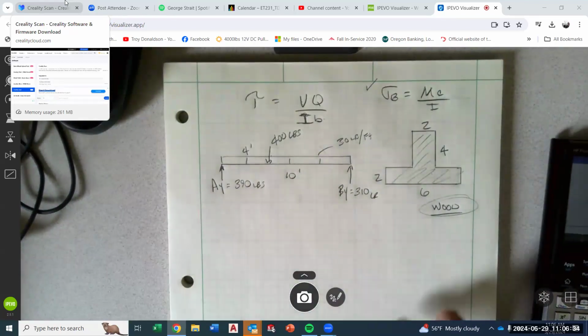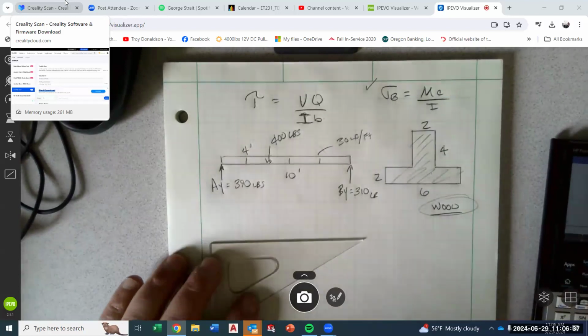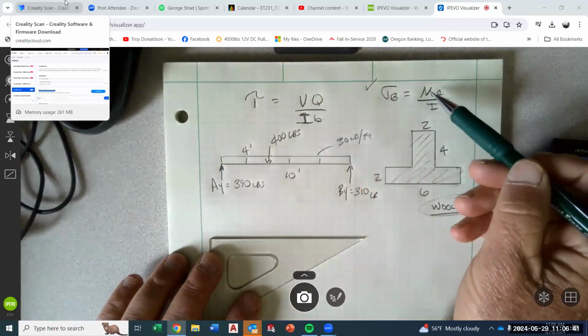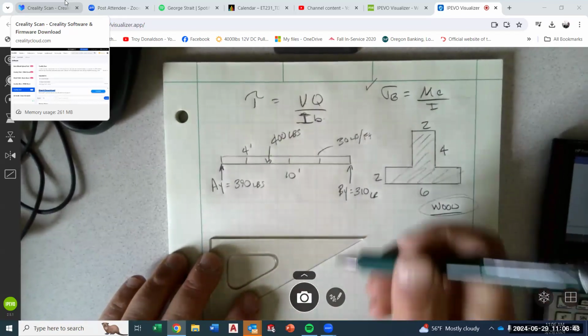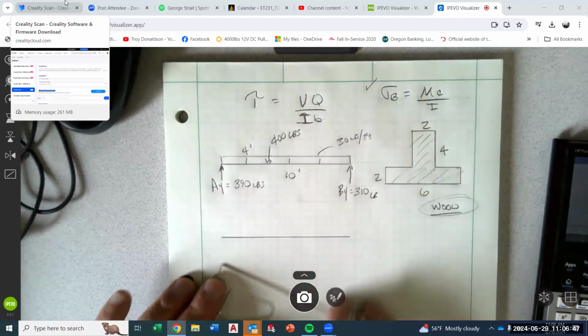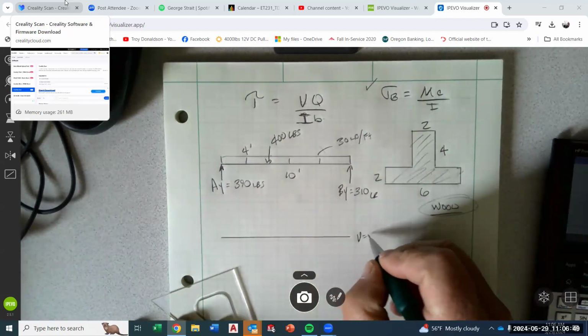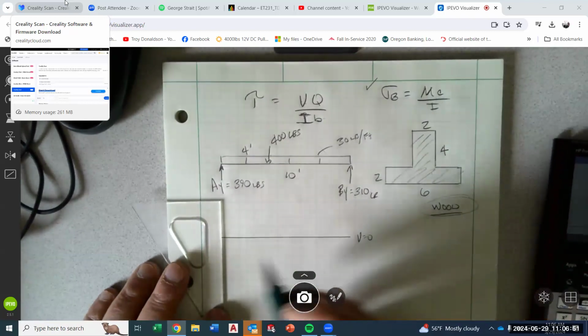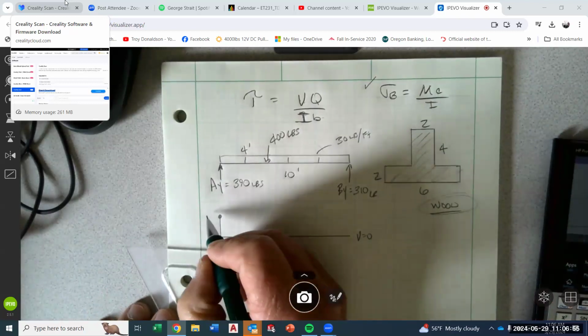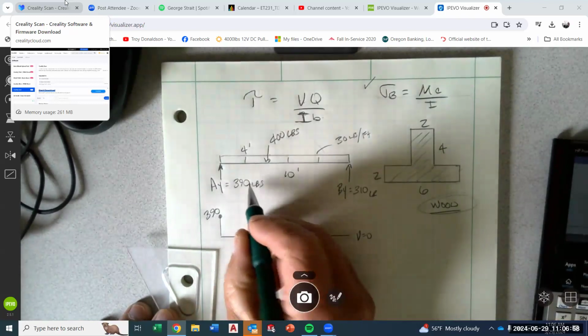All right. So then, of course, we go for a shear and moment diagram because we need V and we need M. We need both those values and we need the maximums. So here is a V equals 0 line. I'm going to show you something kind of interesting too. 390 up.